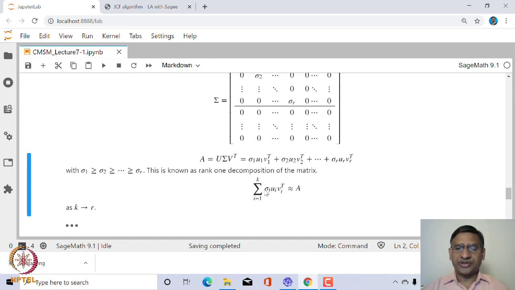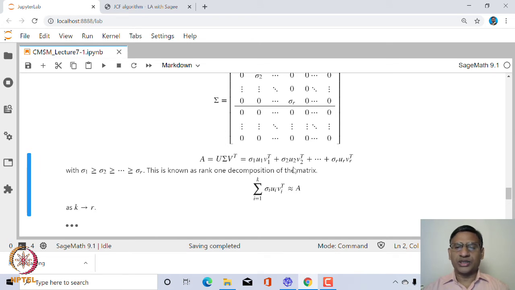Now we know that sigma 1 is the largest, followed by sigma 2 and so on. In case you have a very large matrix, it is possible that the last few sigma i's will be very close to 0, and therefore most of the information about A is contained inside the first few elements of this sum.